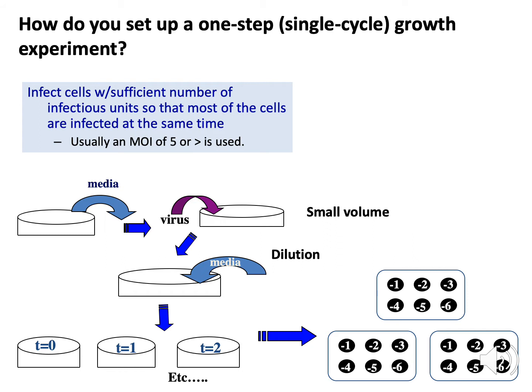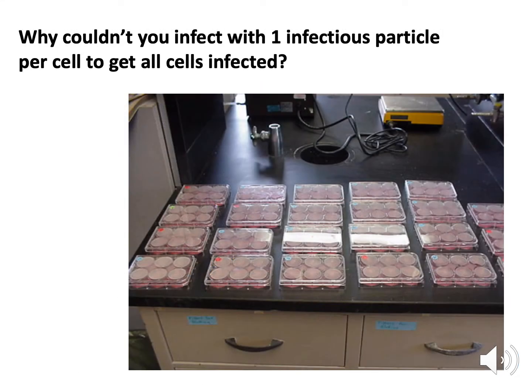So it's probabilistic, and we'll get to that in a few minutes. But basically, you take off the media, you add virus in a small volume so that the virus can attach. Ultimately, you add media back to dilute away the virus, and then you take samples at various time points.